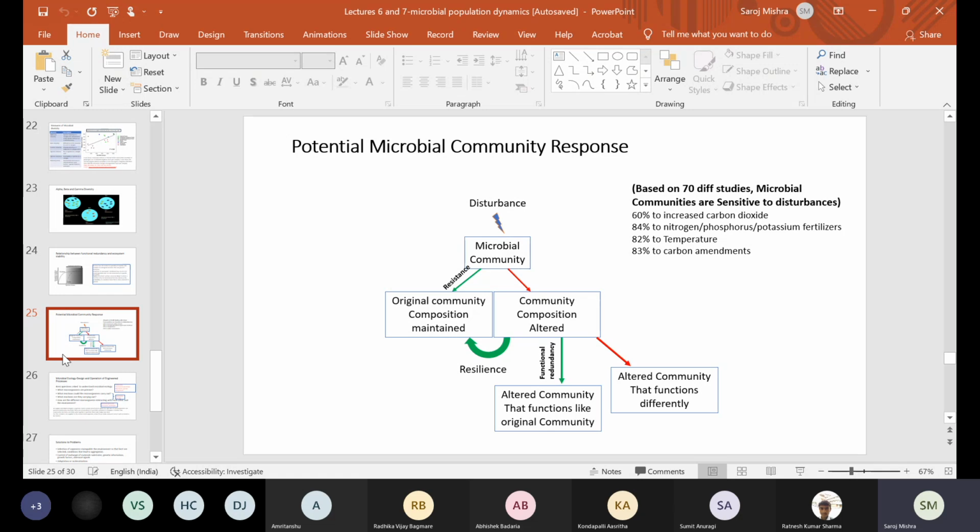There is no single microorganism capable of carrying out degradation or remediation of these complex effluents. You will always have to work with the community. So you need to understand how microbial communities work with each other.